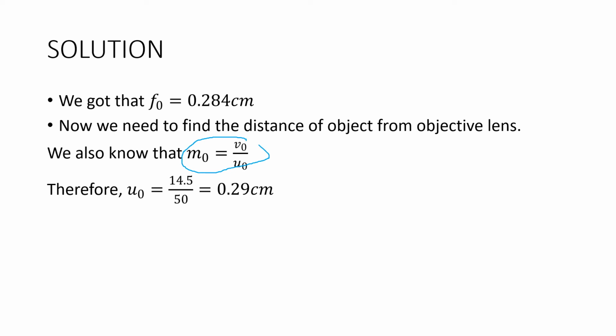I think we have proved this formula as the ratio of image distance to object distance. Using the data given, M is 50 and VO is 14.5. Therefore, you calculate and get 0.29 centimeter from the objective lens, as this is the object.